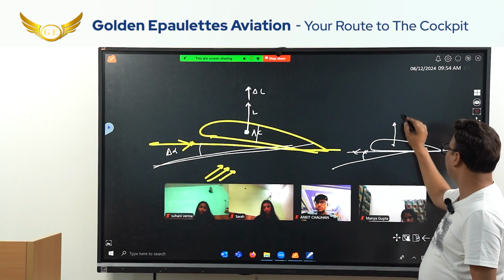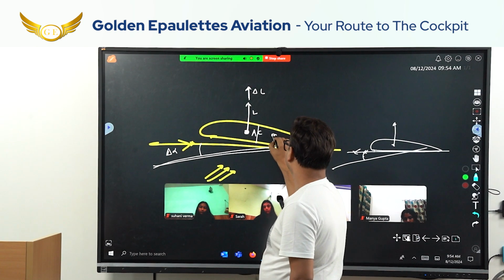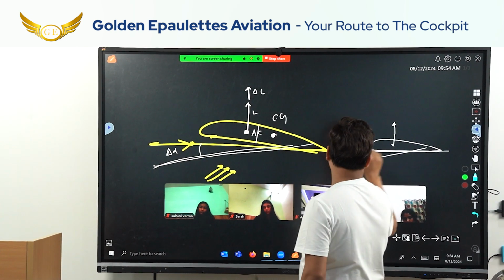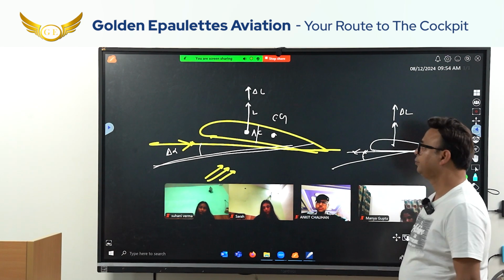Now, due to this vertical gust, let's say CG is here. This is your CG point. So the vertical gust has come here. This has increased your lift here, delta L.